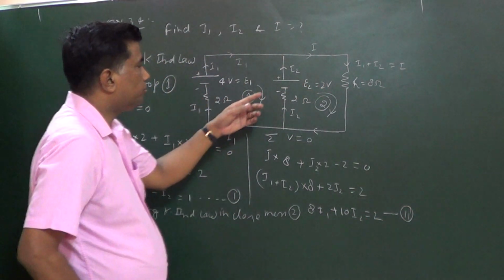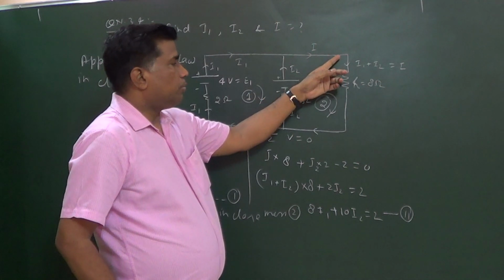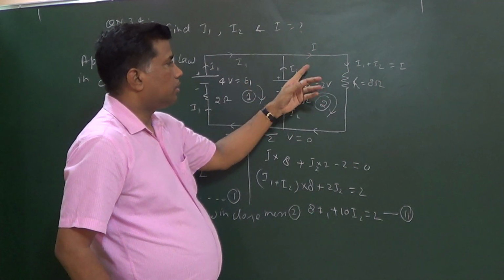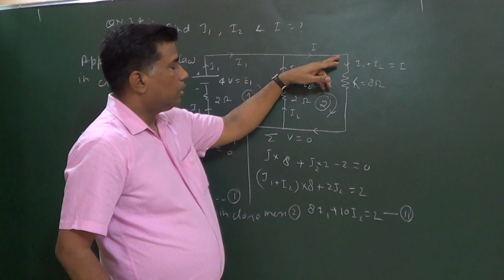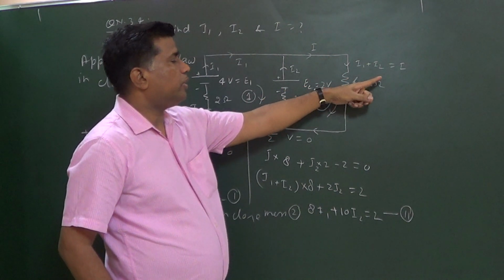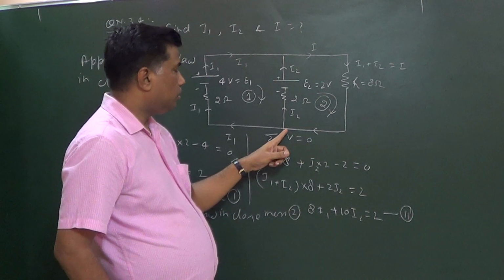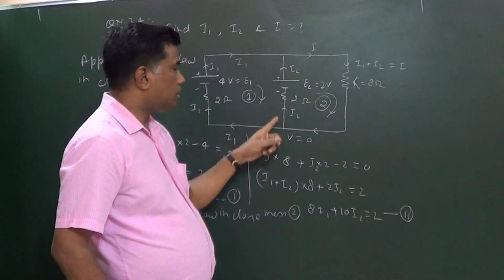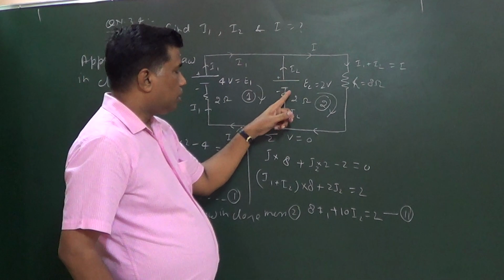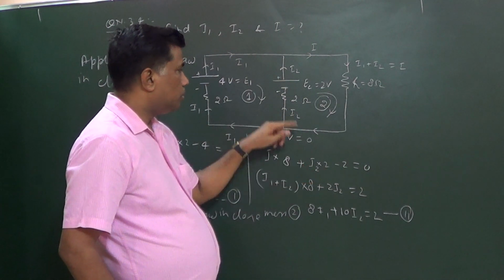Listen once more. In this arm there is no resistance, so I into R will be 0. In this arm, potential difference will be I into R, I into 8. There is no resistance in this arm. In this arm, I into R, I2 into 2, positive.